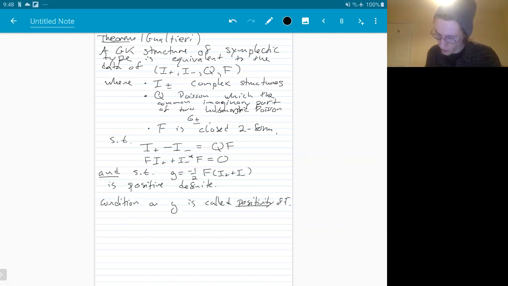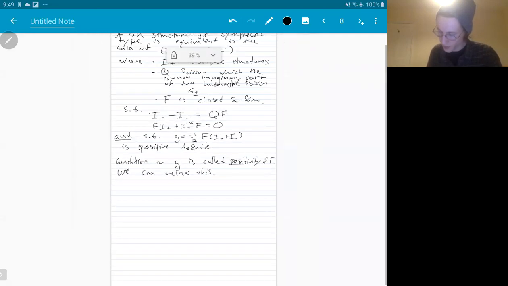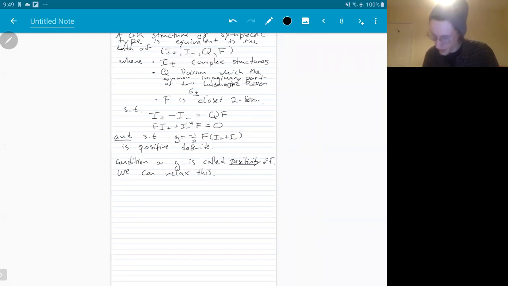So we could define something that's called a degenerate GK structure, where we have everything except for the condition that G is positive definite. So we can relax this. And this is useful because it gives new examples, and even if we only care about the case where G is positive definite, the other examples which don't satisfy this can still be useful when we're trying to construct new examples.